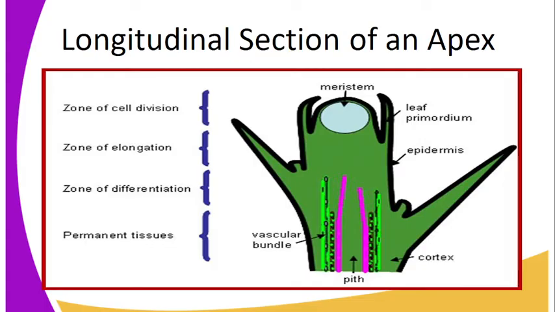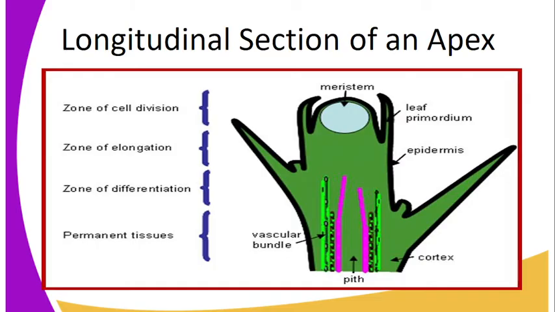Secondary growth leads to the increase in the girth, the diameter of the stem and the diameter of the roots. So primary growth leads to the elongation.